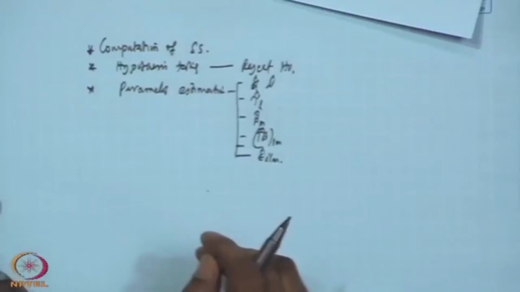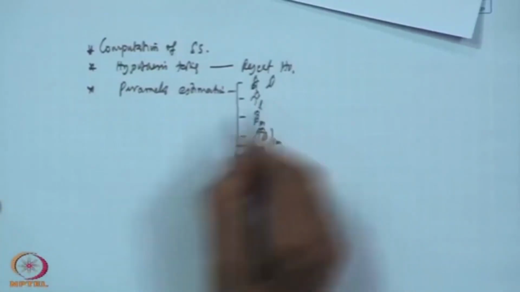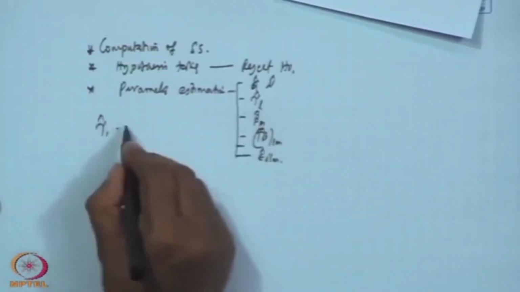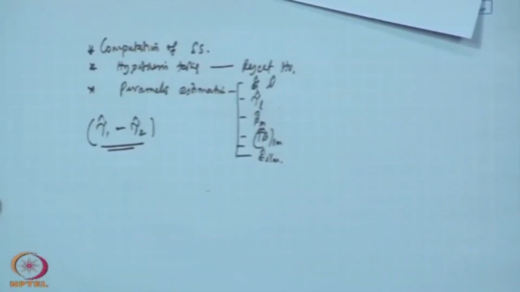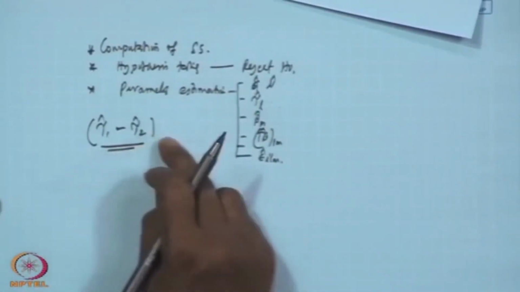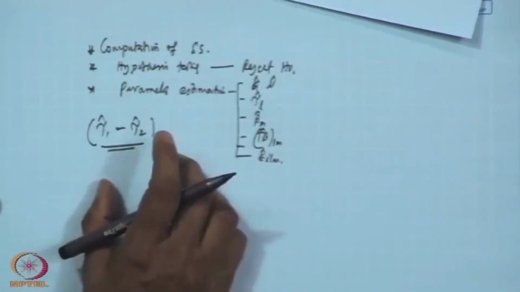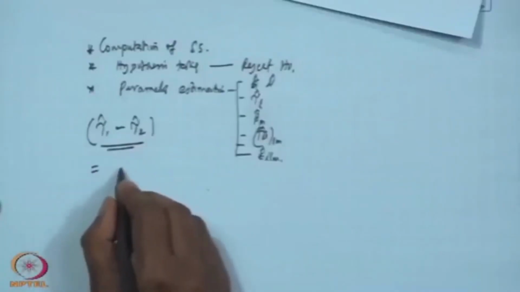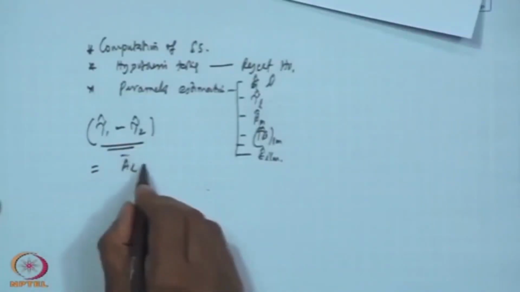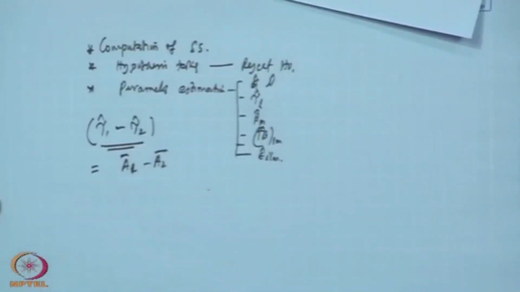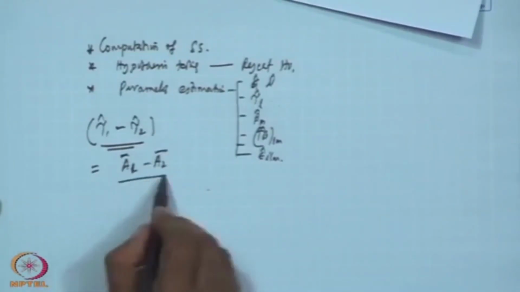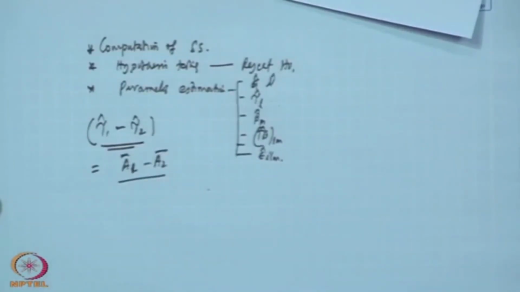Now, in the earlier class I said that suppose there are tau 1 minus tau 2. So, you may be interested to compare which of the population or factor effects are different, and this is nothing but A L bar minus A1 bar minus A2 bar. Can you remember this? That 2 level mean difference.